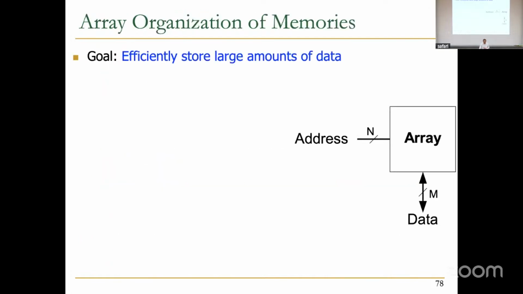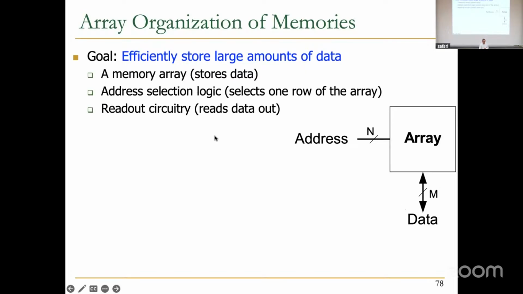Okay, so if you look at all of these memories, in the end, they are all organized somewhat similar, meaning they are arrays. Our goal is to efficiently store large amounts of data, even in SRAM, right? Basically, you have an array, you have an address, n-bit address, and you get n-bit of data. So to be able to do that, you need a memory array that stores data, you need some address selection logic that selects 1 row of the array, and you need a readout circuitry that reads the data out.